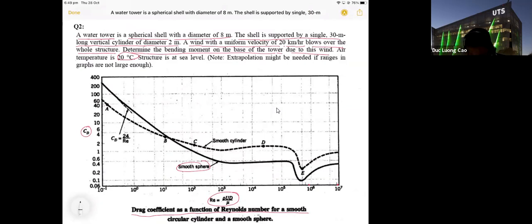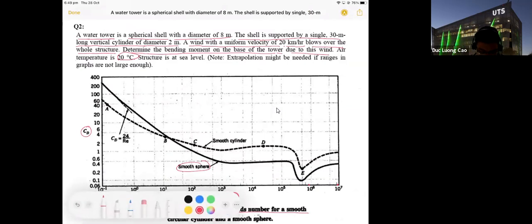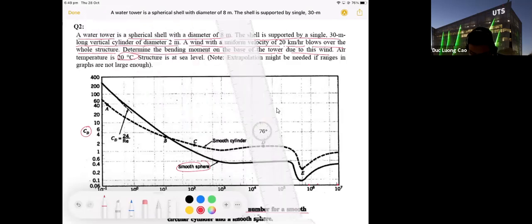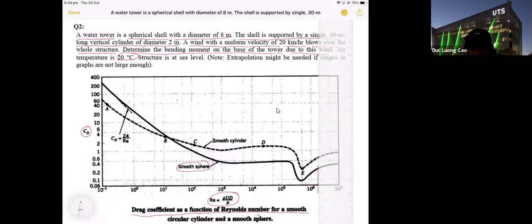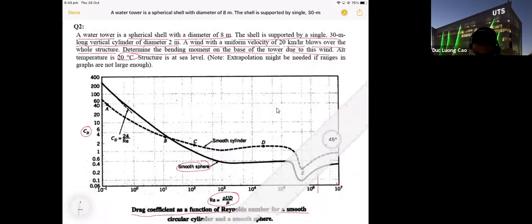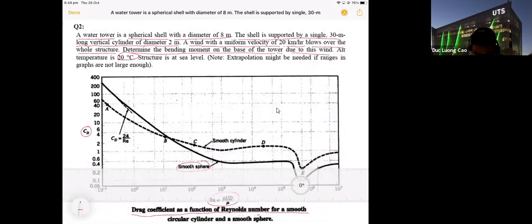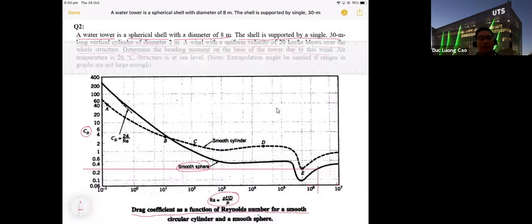This one is very hard to see; the quality of this figure is very poor. So you will have this one, CD of the sphere.